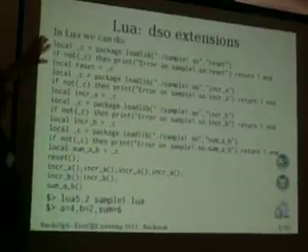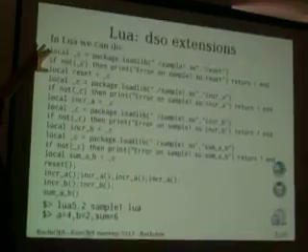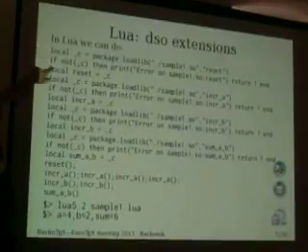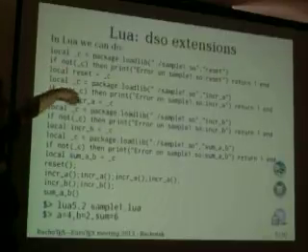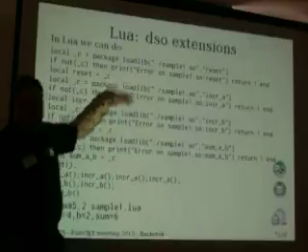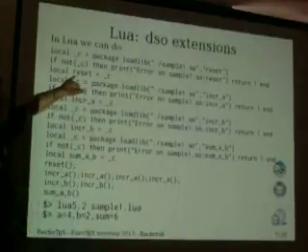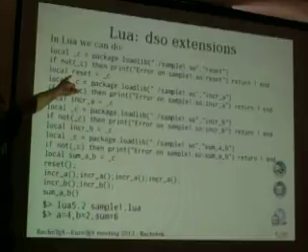This is a snippet of code that we use in the swiglib project. You will see, if Lua is not able to load the library, then exit. Otherwise, I want a Lua function that is called reset.